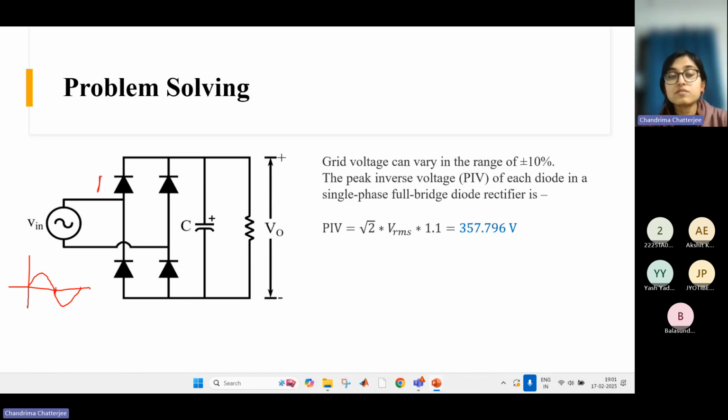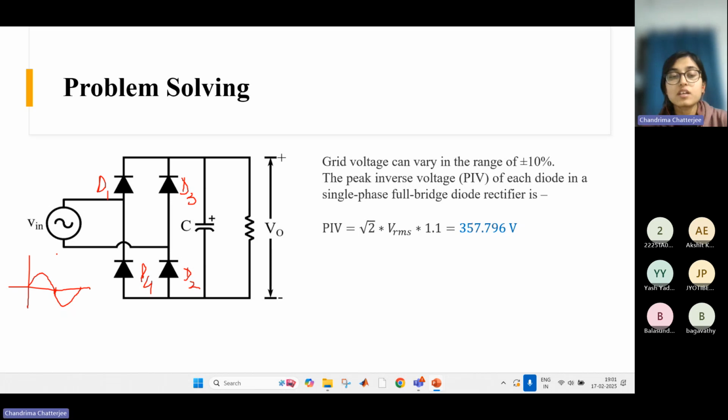Suppose this is D1, this is D3, this is D4, and this is D2.